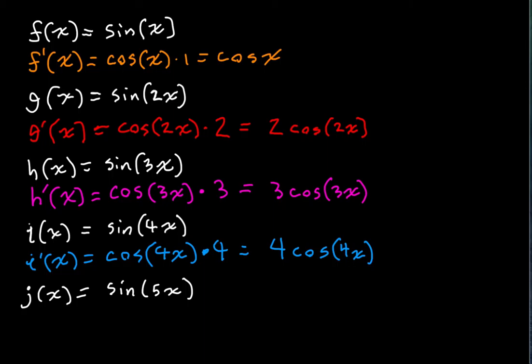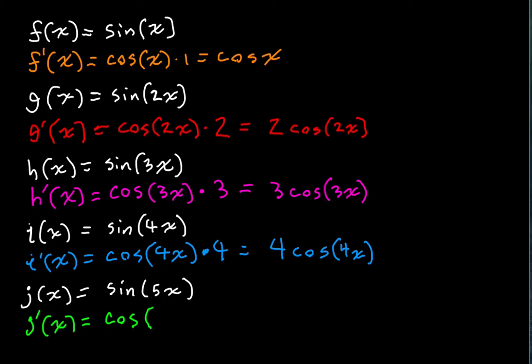Okay, last one. Hopefully this is starting to become clear what I'm doing here. J prime of x, and that's not really quite a beautiful j, but I'm going to go with it. Derivative of the outer function with respect to the inner function. So we take the derivative of the outer function, which is cosine of x, but we're taking it with respect to the inner function.